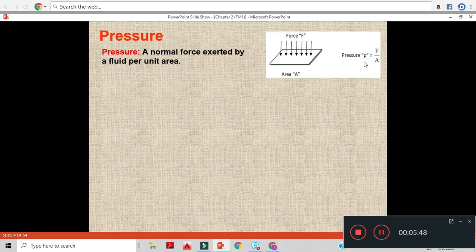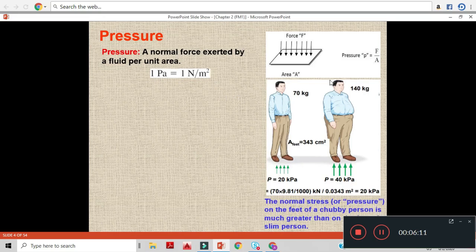The unit of pressure is measured in Newton per meter square, and that is also called Pascal. Because the force unit is Newton in the SI system and area is meter square, Newton per meter square is also called 1 Pascal. So we can see here the pressure depends on two things, force and area.